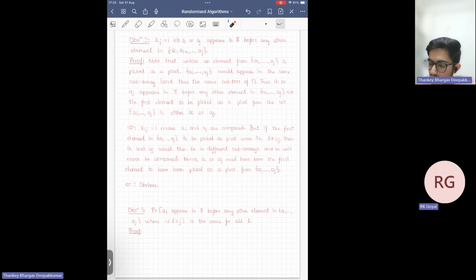Till now, no element was picked as a pivot, and so this entire thing appears in one subarray. Now if I pick AI as a pivot, it would obviously be compared with AJ because pivot is compared with everything.